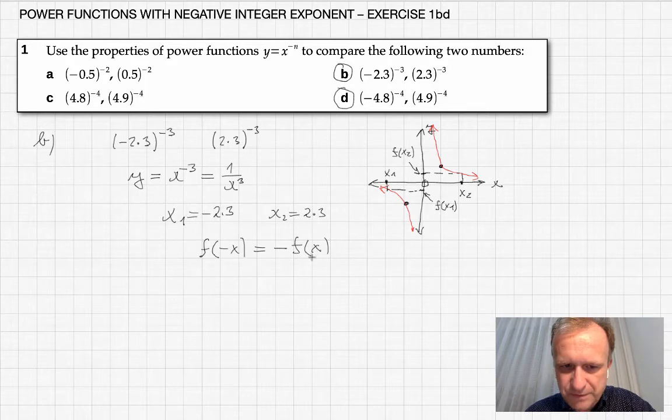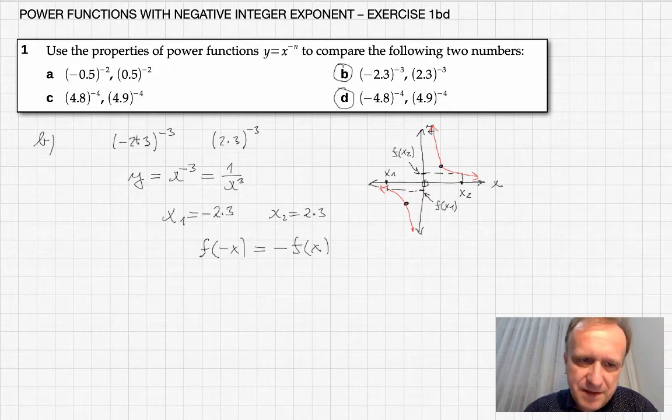So if we know this fact, then we may simply state that this number, f of x1, is the same in absolute value as this number, f of x2, but they are opposite numbers. So we may say that this number is for sure negative and is less than this number, which is positive. So this answers this part of the exercise.